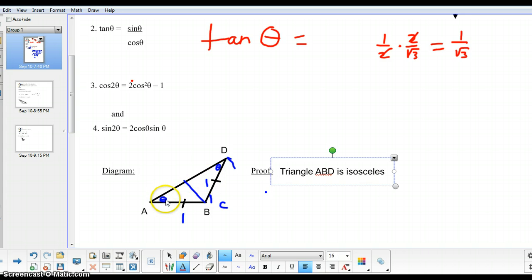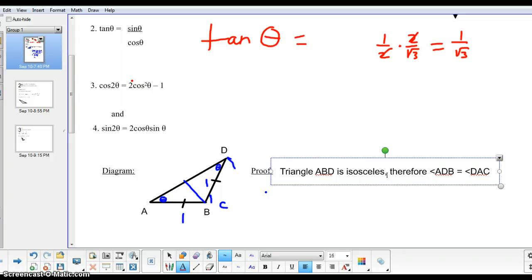Therefore, this angle theta is the same as this angle theta. And we're going to go ahead and call that theta.